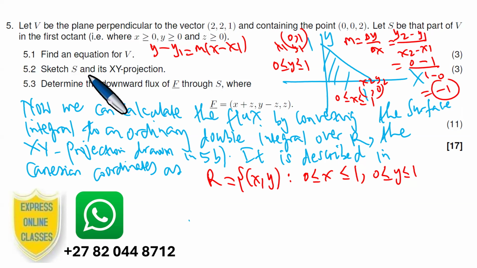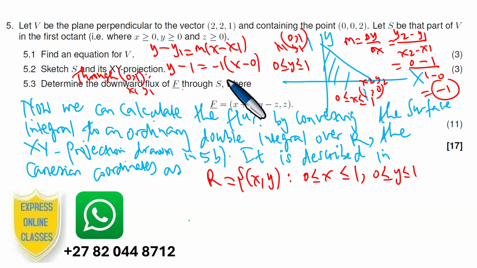So that is the slope. But this line passes through one of the points. Maybe you can take 0, 1. If we take one of the points, we can find the equation of this line. So y minus y1, where y1 is 1, the slope is negative 1, x minus 0, which means that you have y equals minus x plus 1.